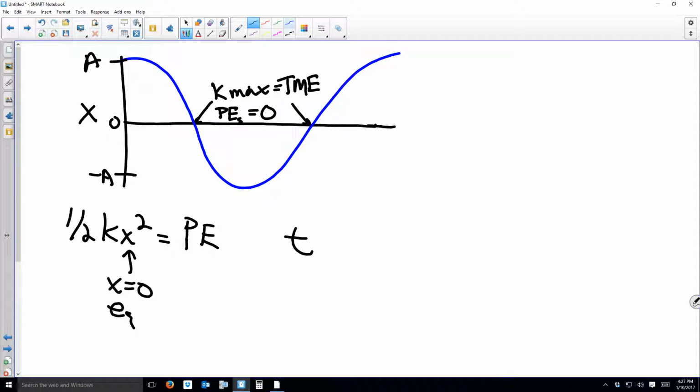The same is true up here at the top. Up here at the top, our potential energy is at its max, and the same thing is true down here at the trough as well. At these two positions, our x is at its maximum, and our velocity is 0. Our velocity is 0 at both these points. We come to a quick stop.